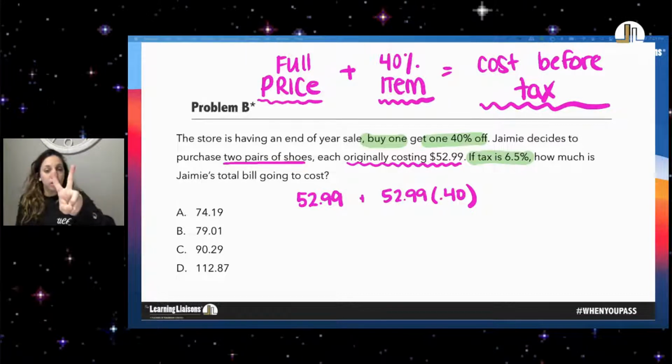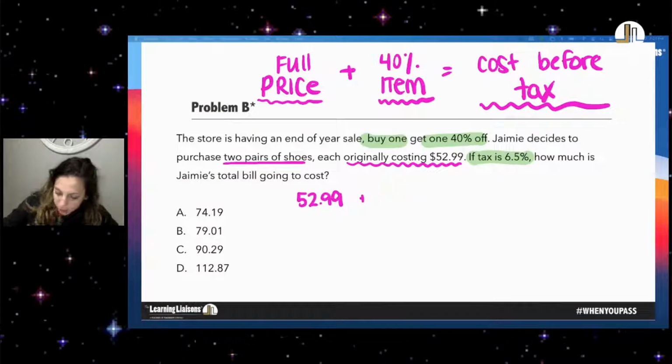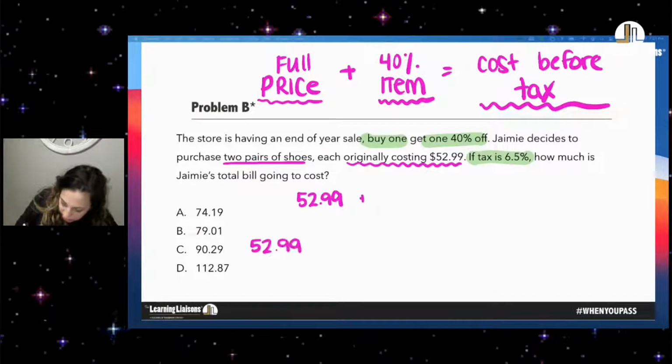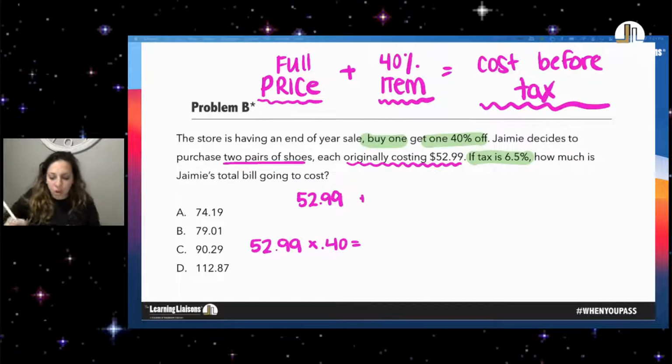So you can do one of two things. We have two ways we can solve this. The first way you can do it is you can multiply $52.99 times 0.40. Why 0.40? Because when I convert a percent into a decimal, I find my imaginary decimal point, or my actual decimal point if it was like 5.5, and I move it 2 spaces to the left.